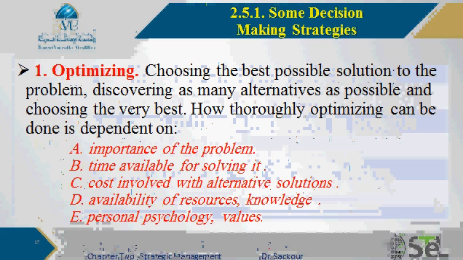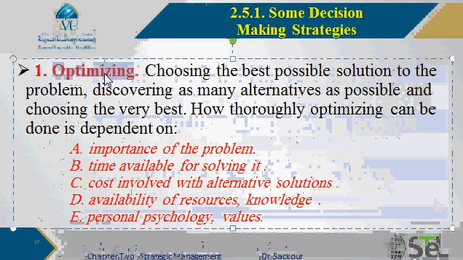Okay, guys, very good. In this term, we have some main approaches and strategies. The first one is optimizing, which means choosing the best possible solution to the problem, discovering many alternatives and choosing the very best one.